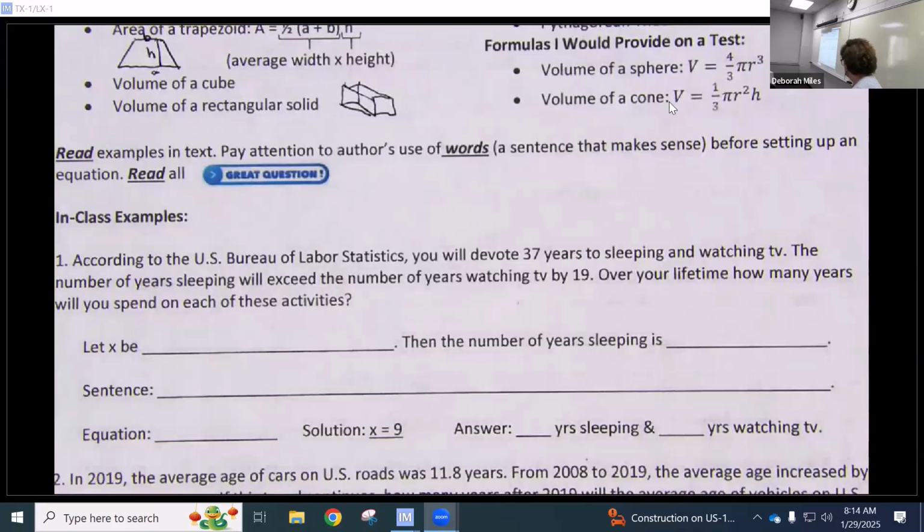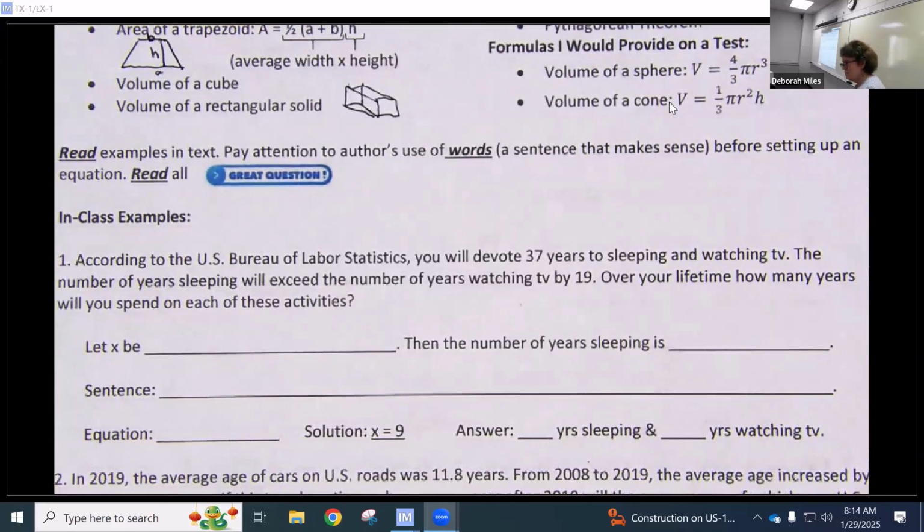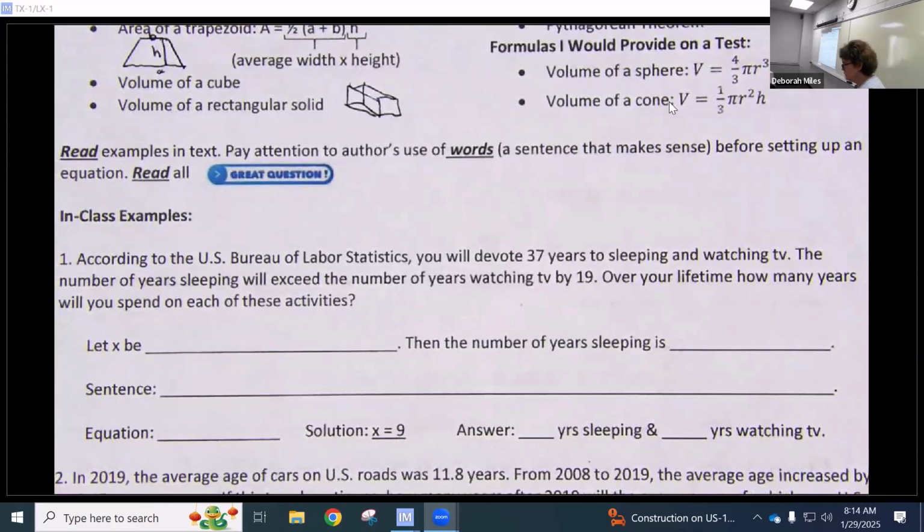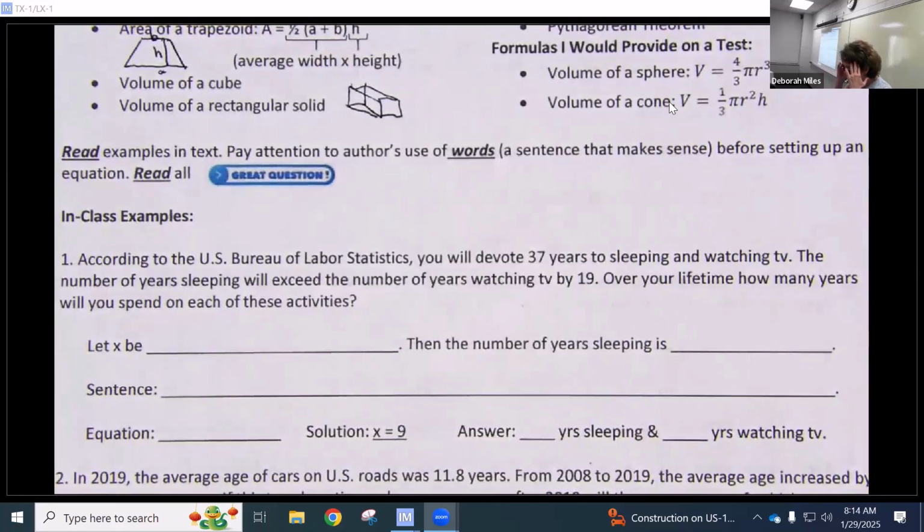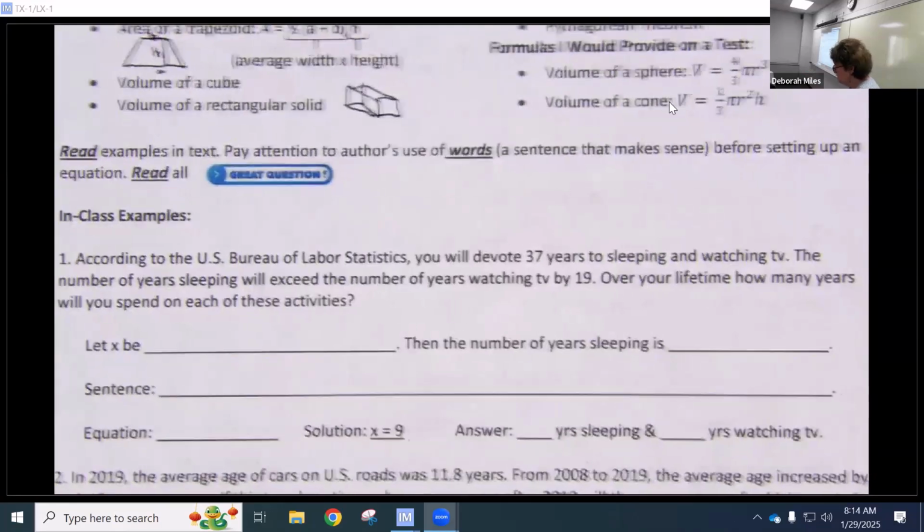What do you think? Okay, number 1, does that problem make sense? You understand? That's saying I'm gonna spend 37 years sleeping and watching TV, and I'm gonna spend more years sleeping than watching TV. I'm gonna spend 19 more years sleeping than watching TV.